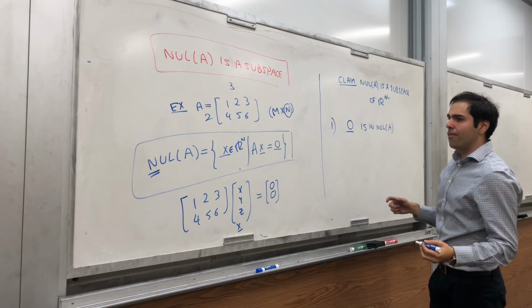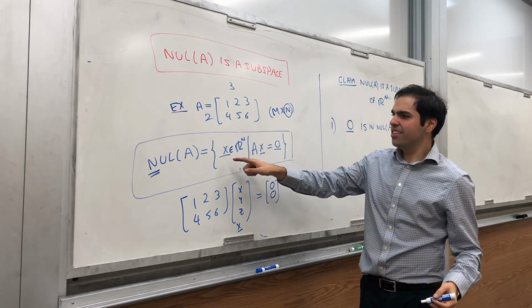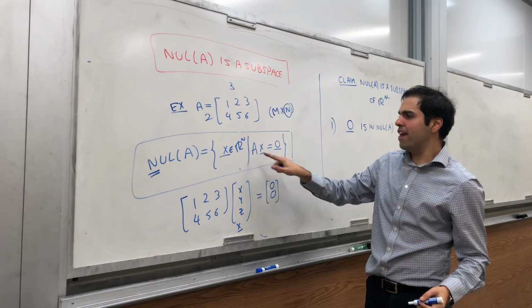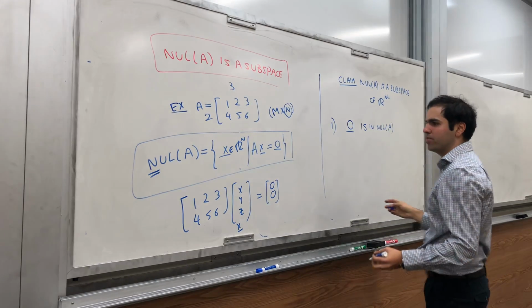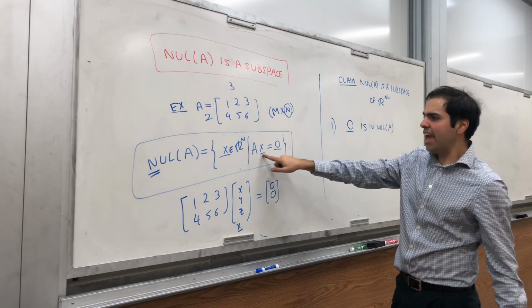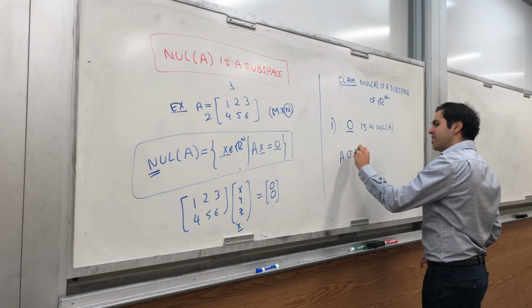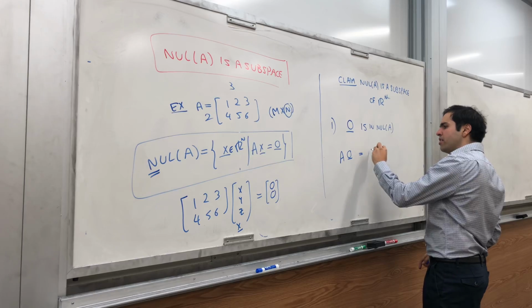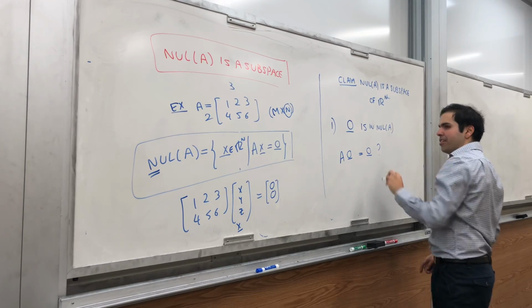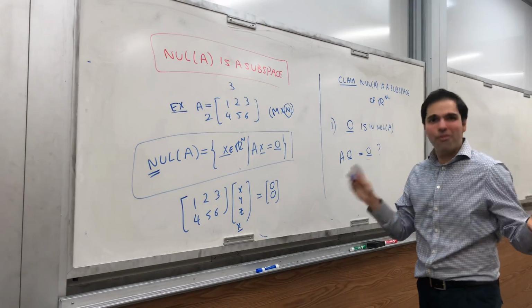Okay. Remember what the definition is. The null space is the set of vectors such that Ax equals 0. The question is, can we let x be 0 here? In other words, is A times the 0 vector equal to the 0 vector? And you hope it is.